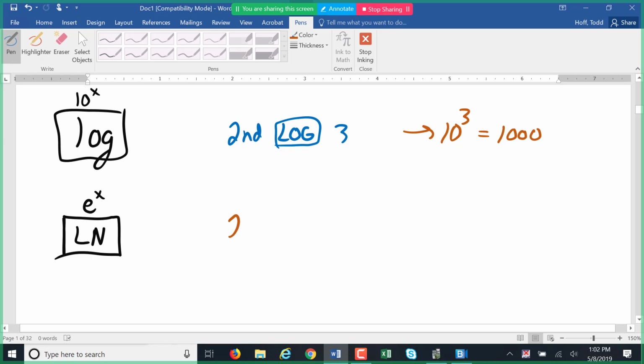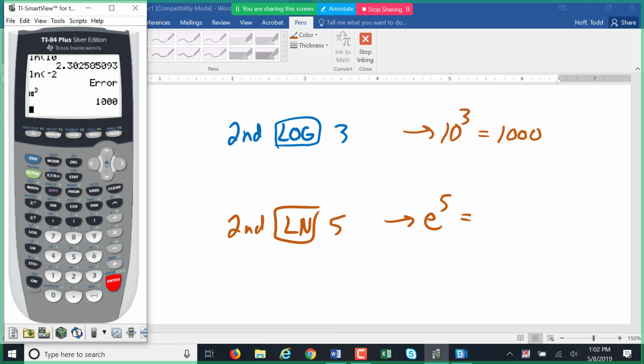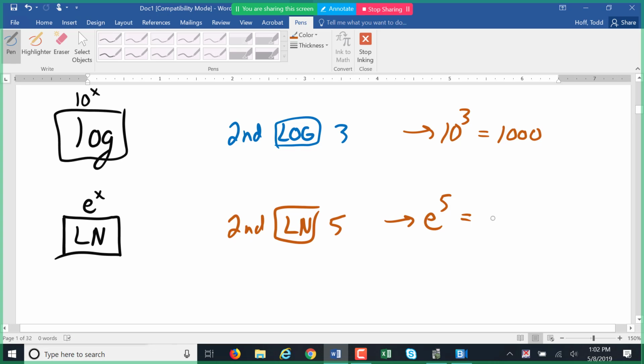If we do second ln, let's do 5, that's saying e to the power of 5. That gives us 148.413.